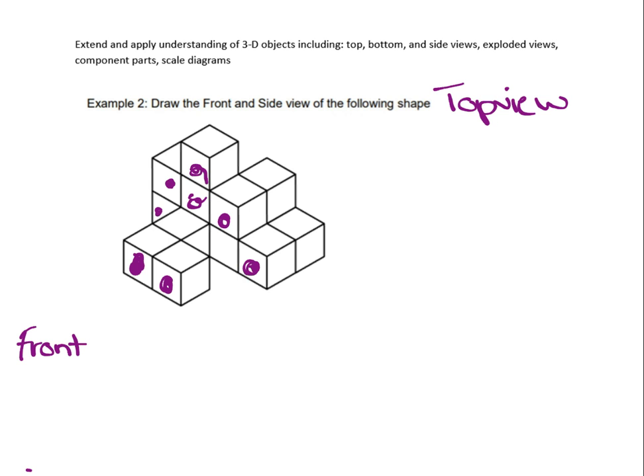Let me try this again. There we go. So 4 blocks on the bottom. Now we're going to move up to the second level, and there are 3 of them on this side here. So make sure you're lining the sides up properly, and then an extra guy in the middle for the 3rd row.